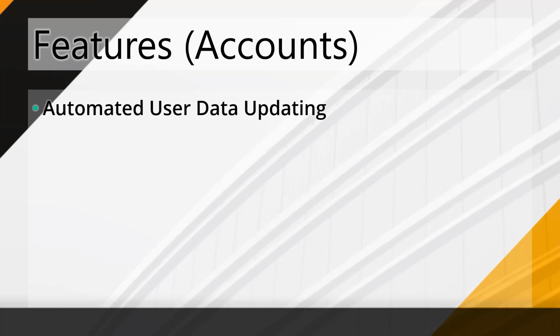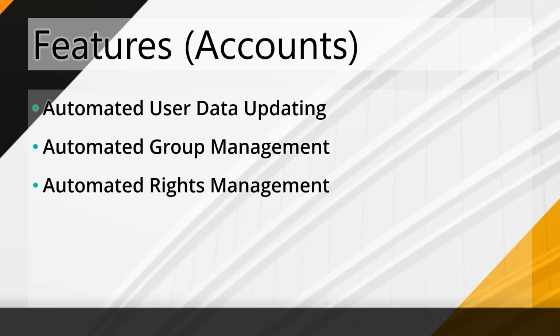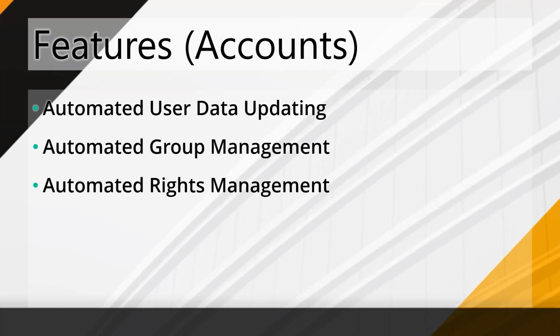And so there's automatic user creation, data updating, group management, rights management for users and for groups, association of users with groups, enabling and disabling of users, a lot of stuff that you can do with this accounts API that allows you to manipulate those types of things.